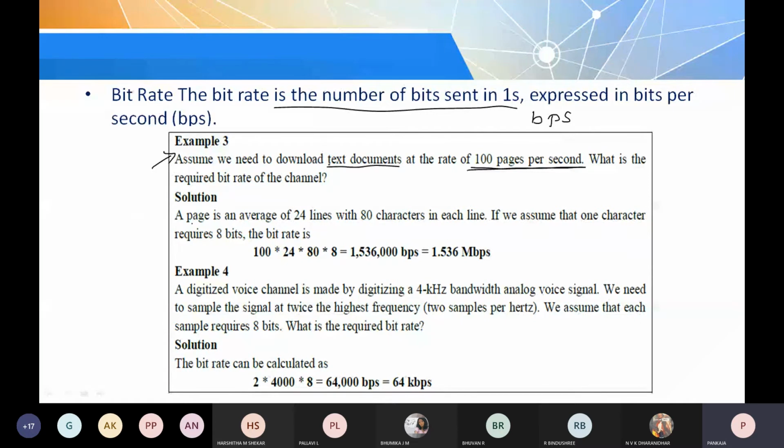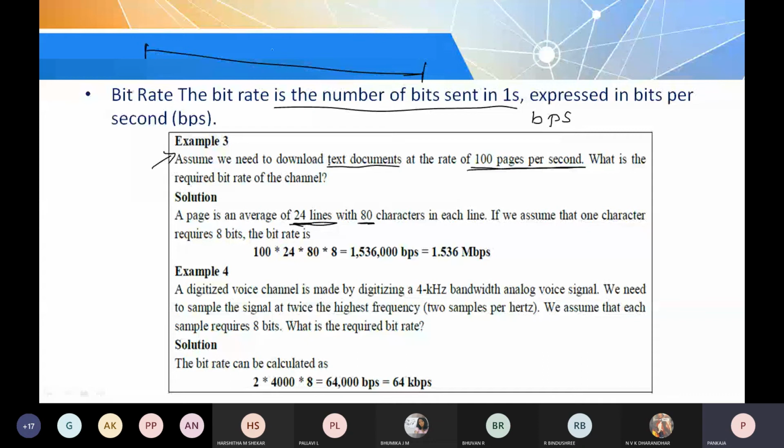So here a page has an average of 24 lines. Whenever I say page, it will have 24 lines. Then the number of characters in each line: in each line it is 80 characters. Line means whatever you are going to type horizontally in a single line.